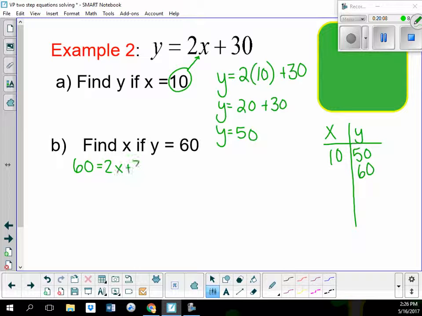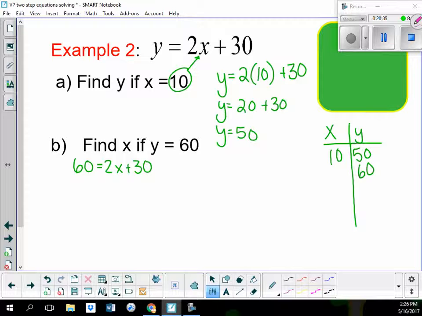Kaden, take us away. So what you have to do is look at the problem, and if 60 equals 2x plus 30, that would mean 30 plus something equals 60. Okay. So it's kind of like a backwards problem. So 2 times x has to equal 30.